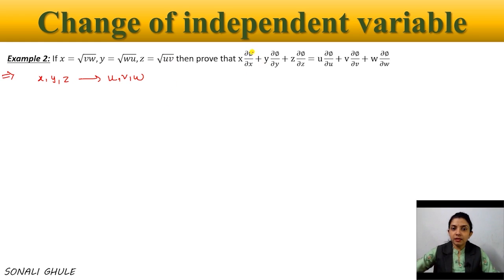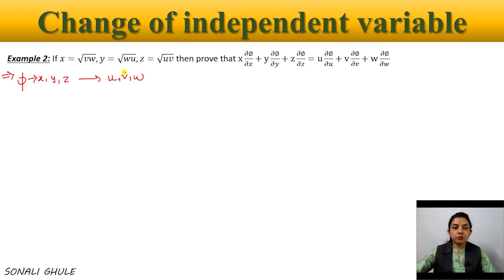And here, if you see, all these are the partial derivatives of which function? Phi. So here, we can write phi is depending on x, y, z. That is our consideration. Because we can see here derivatives of phi with respect to x, y and z. Okay. So we make here the chain rule. Phi with respect to x, y, z and x, y, z with respect to u, v, w.